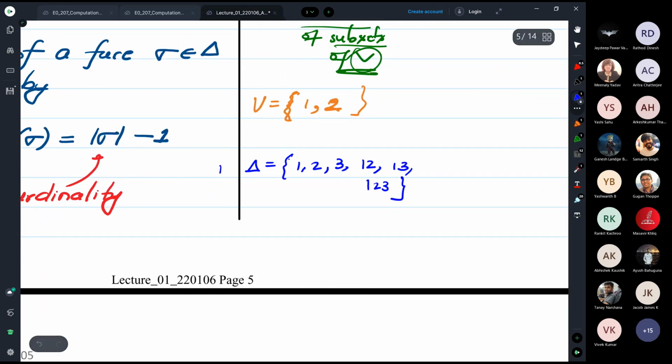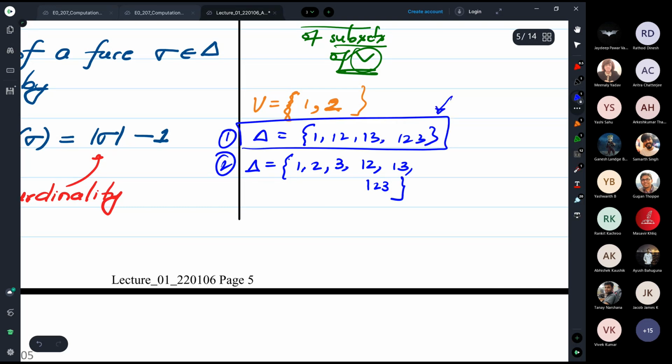So how about I write it here? Okay, so let's say I have these two descriptions. Let's say delta is {1}, {1, 2}, {1, 3}, and {1, 2, 3}. Is this okay? Right? I'm claiming that this collection over here cannot be viewed as a hypergraph, so maybe I'll put a cross over here, whereas this can be viewed as a hypergraph. This can be viewed as a hypergraph in the following way.